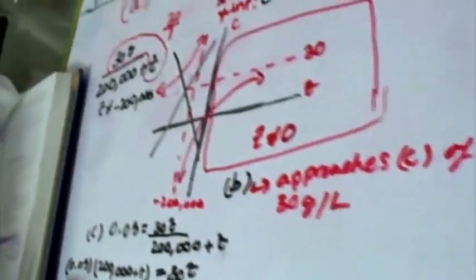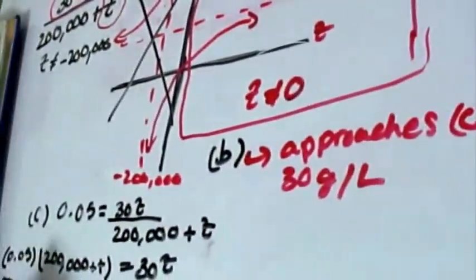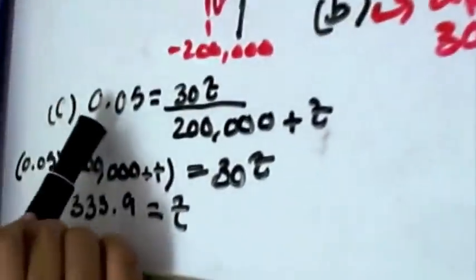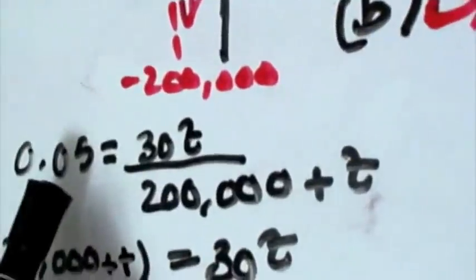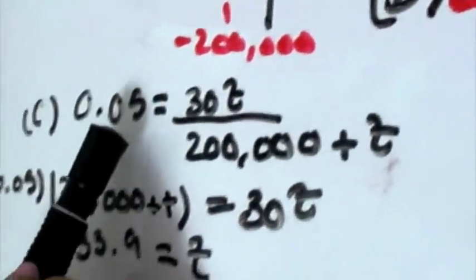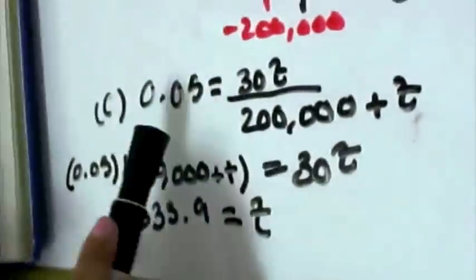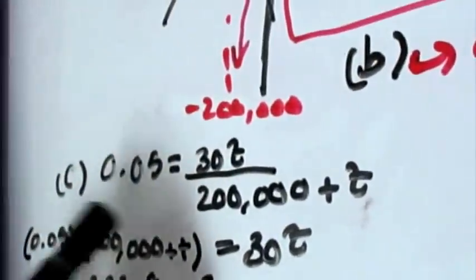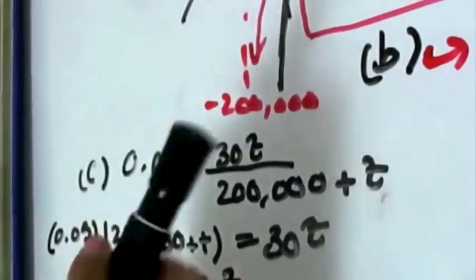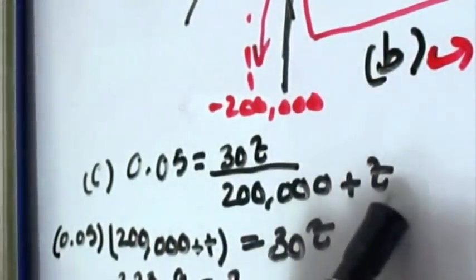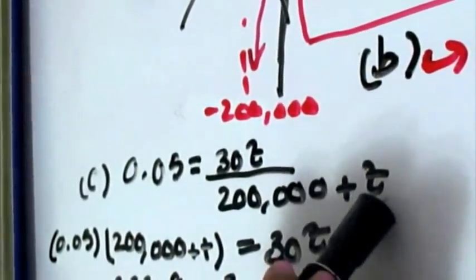For C, they ask us when a concentration of 0.05 grams per liter is reached, what will the time be? So basically, they're giving us the concentration or y value, and they're wanting us to find the x value, or the t time value in this case.